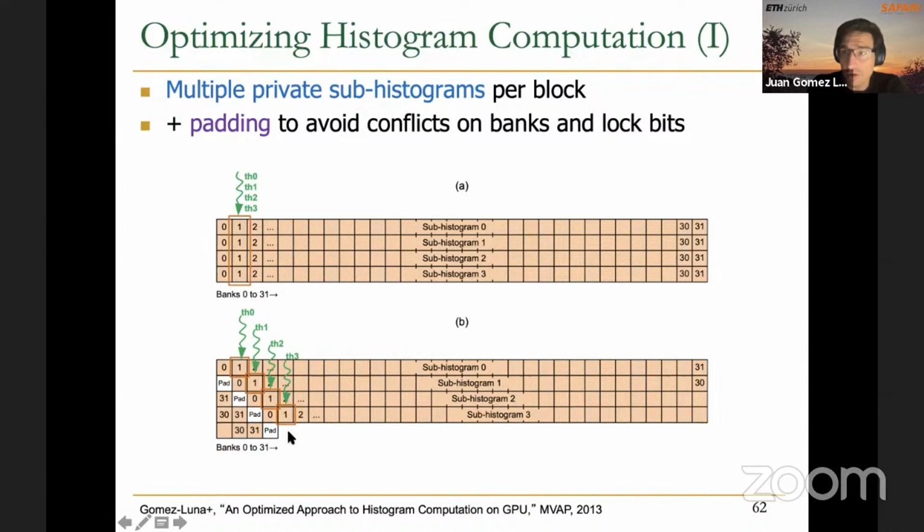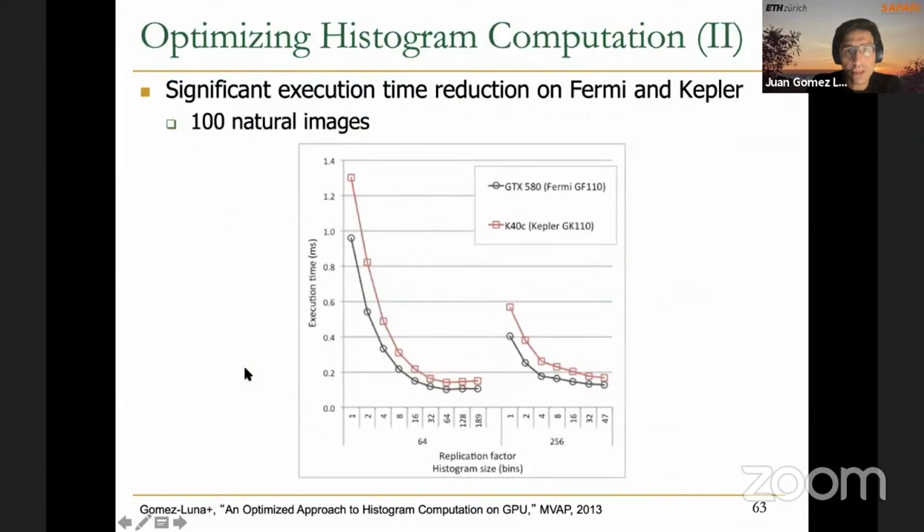And this is something that happens very frequently, because remember, in natural images, in real images, it's very common that consecutive pixels or neighboring pixels have the same values. And in those cases, we would incur these conflicts. You can even see the effect of this software optimization in Fermi and Kepler architectures.